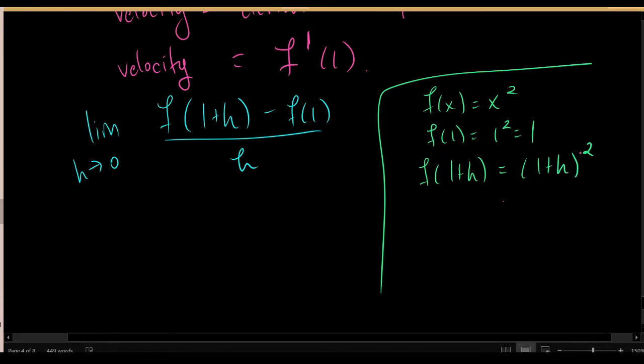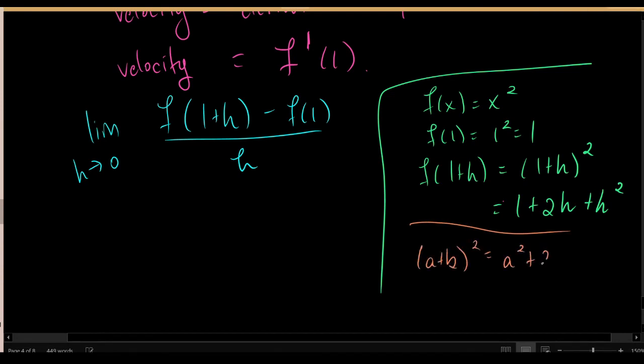Now while I'm here, let me go ahead and simplify 1 plus h squared, and let me FOIL it out, as they say. So that would be 1 squared, plus 2 times 1 times h, plus h squared. Just as a note, what I've just used there is the formula a plus b quantity squared equals a squared plus 2ab plus b squared.